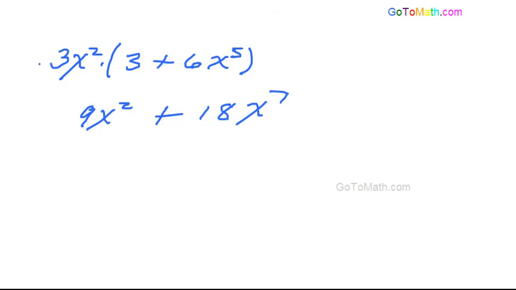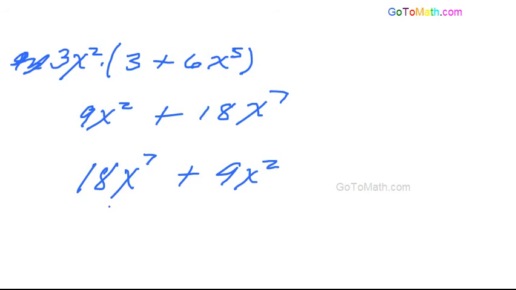Now you notice the problem doesn't show this, we just left that off. It's no big deal. Let's rewrite this into standard form: 18x to the 7th plus 9x squared. This is in standard form, where the degrees of the monomials are in descending order.